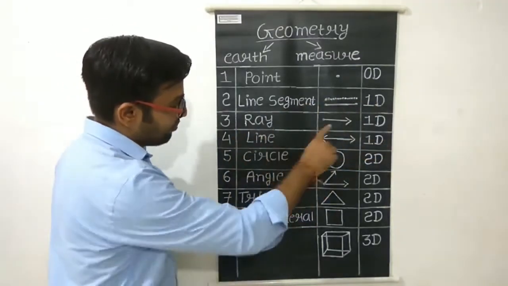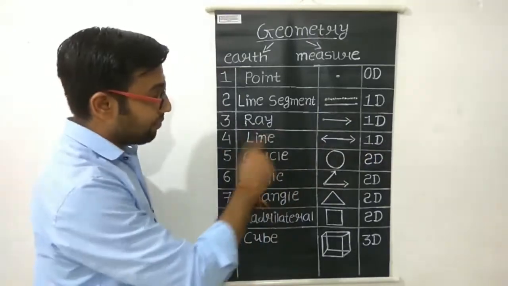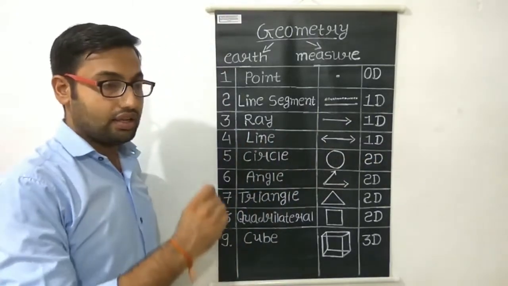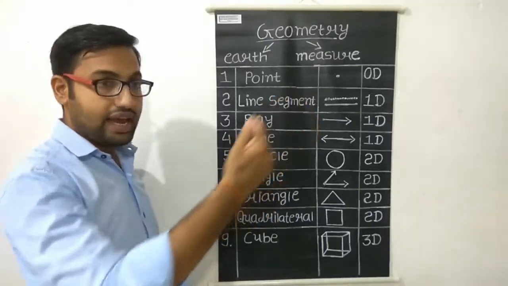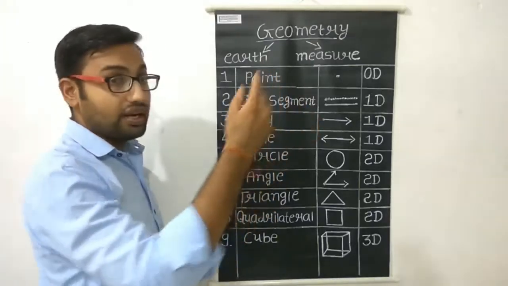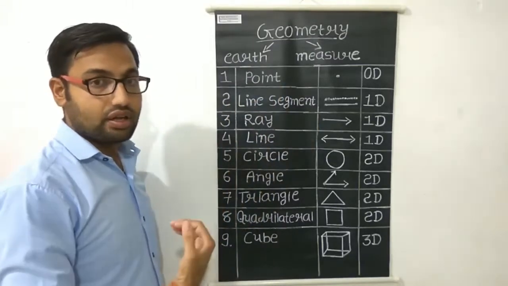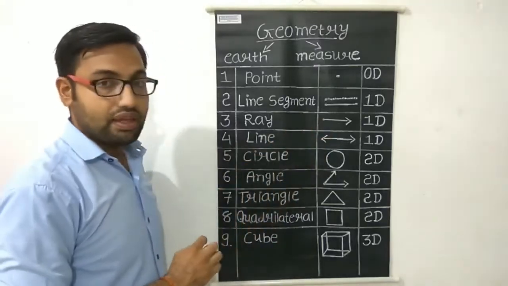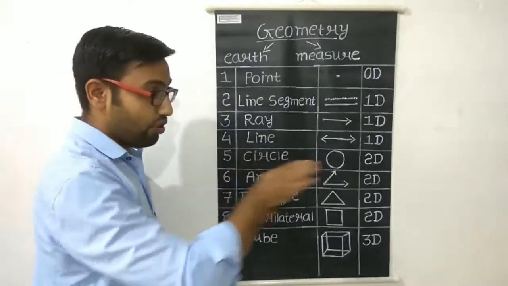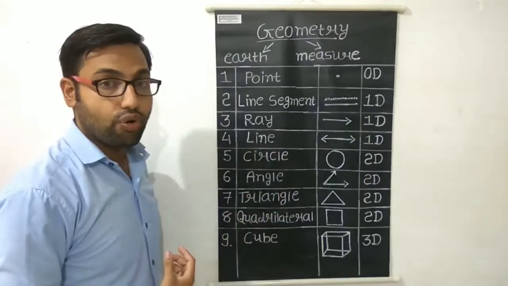Now what is an example of a ray? The example of a ray is your bulb. As we know, the rays of light come out from the bulb. So the bulb is this fixed point, and the ray of light, we don't know at how much distance it can go, right?